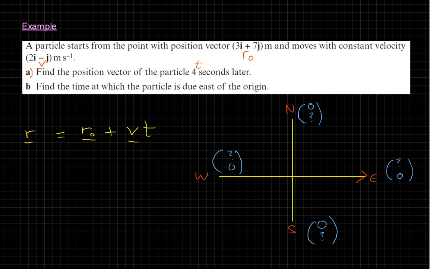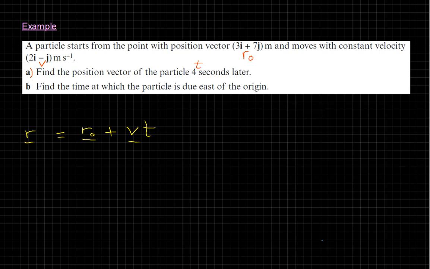Similarly for east, the j component must be 0. And what do we know about the question mark? It must be positive, right, because it's going to the right, which may be useful. So, for part B, we know the j component is 0. So let's make a note of that.